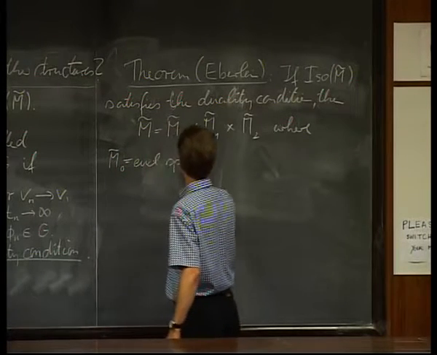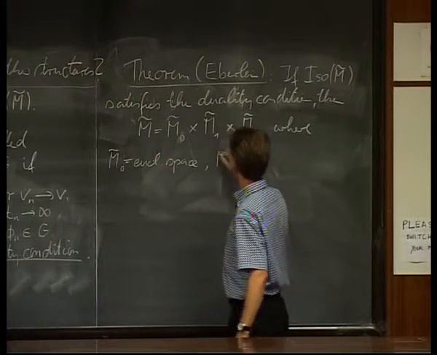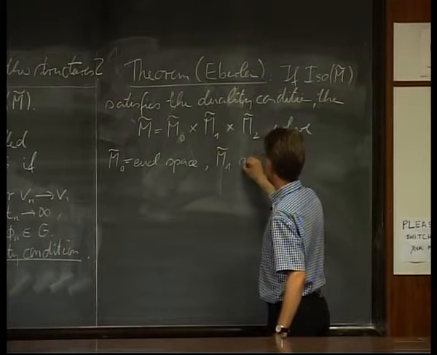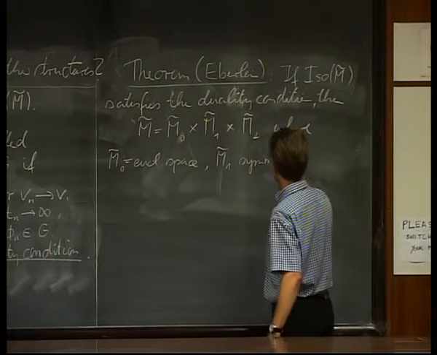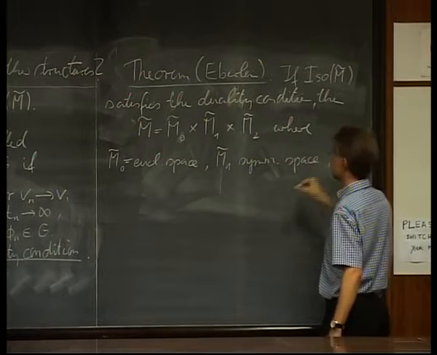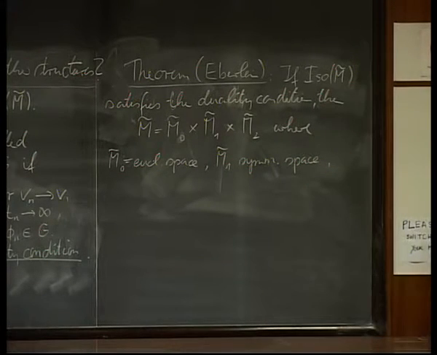The first would be the Euclidean de Rham factor. M1 tilde would be a symmetric space of non-compact type, since we're in non-positive curvature and have already split off the Euclidean factor.